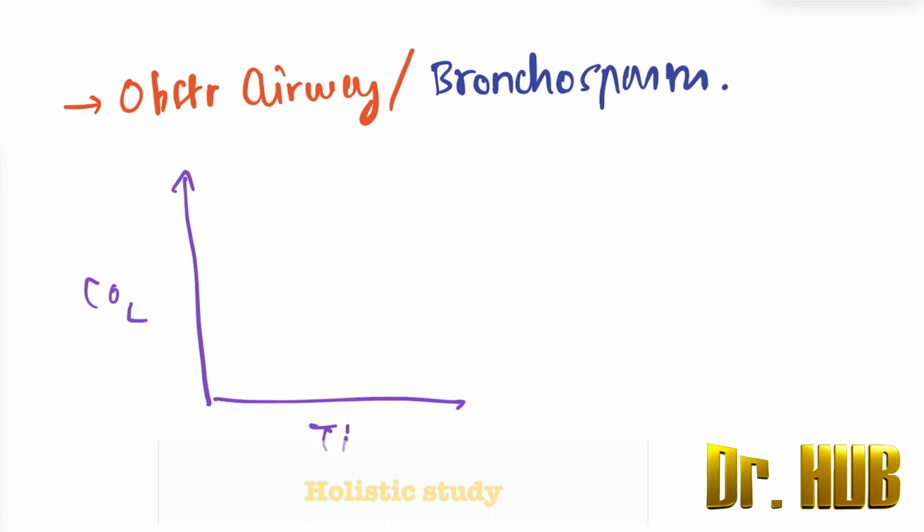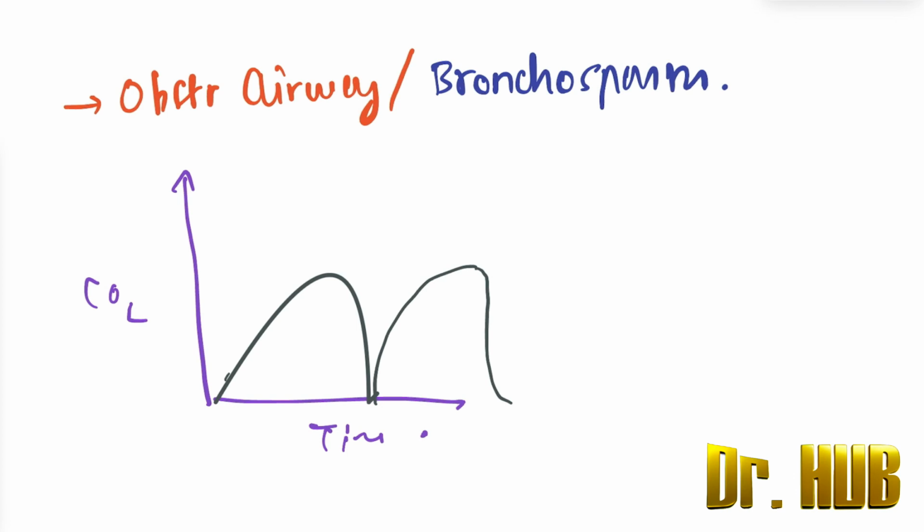In terms of the bronchospasm or the airway obstruction, there is a slight peak and then the graph goes down, and next there is another peak and a downfall again. So this is how the bronchospasm looks.